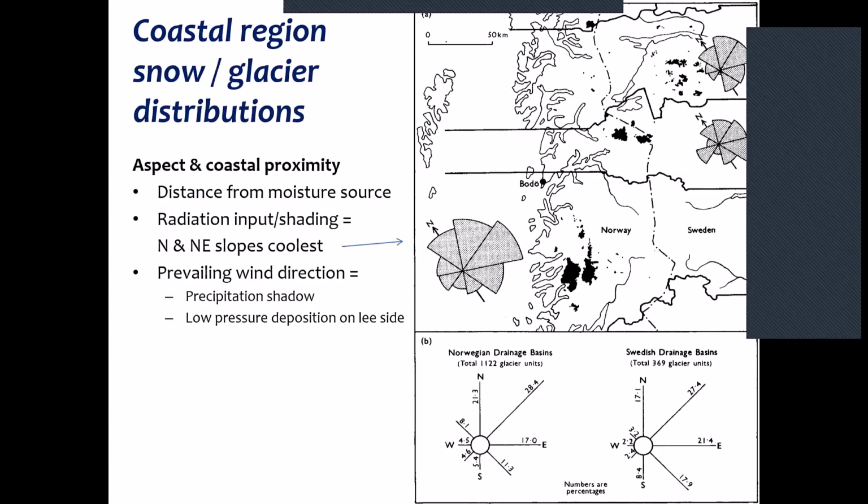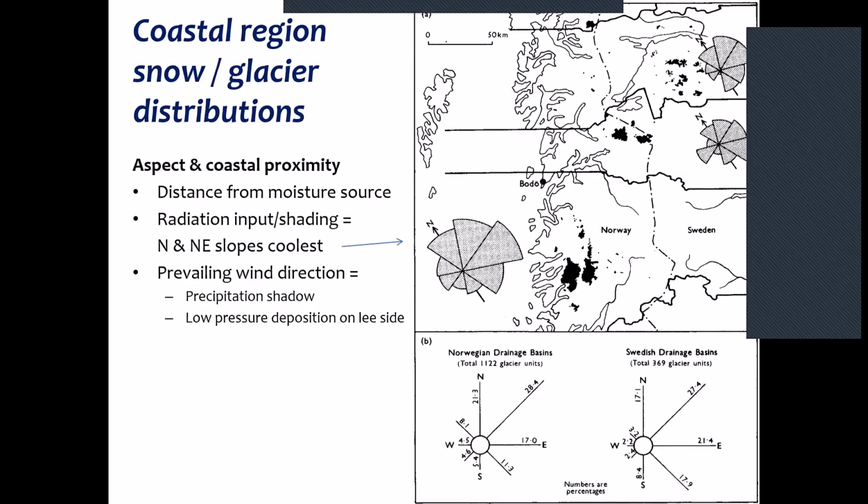So the northerly aspect makes perfect sense, but the easterly aspect maybe is a little bit less intuitive. Now, in this particular case, the reason why easterly aspects possess more snow than westerly aspects is purely because of the wind field effect. You've got a prevailing wind blowing across that region that is scouring the windward slopes, but then depositing snow on the leeward slopes. But scale is important here, right?